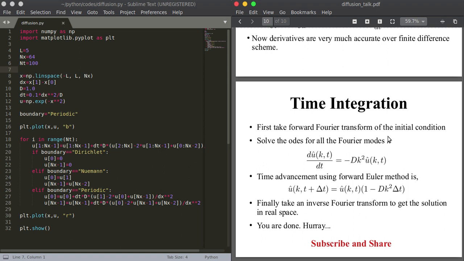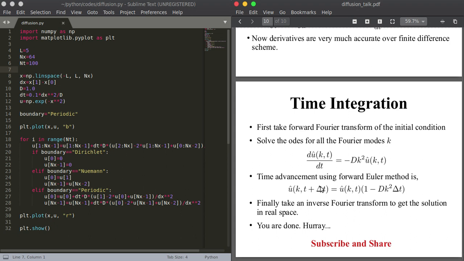There you were fixing x and solving for different x; now you are solving for different k's. For each Fourier mode k, you have an ordinary differential equation in time, which is why I have written d/dt, not del t. Okay, and your time advancement can just use the forward Euler method.